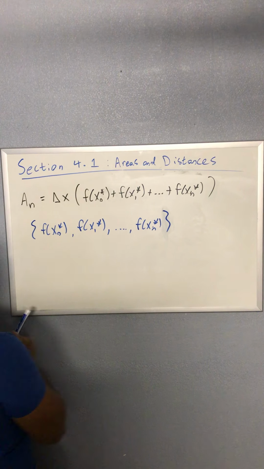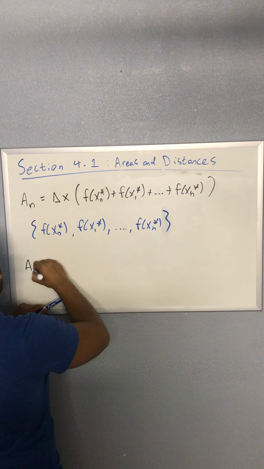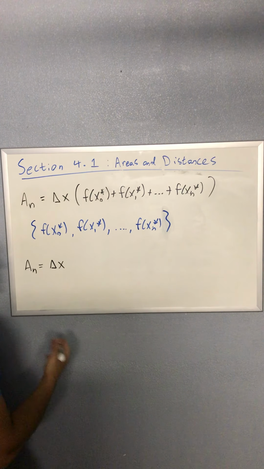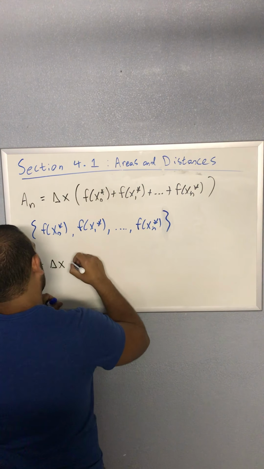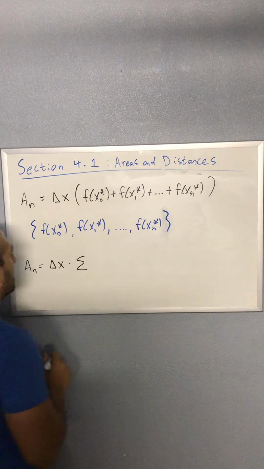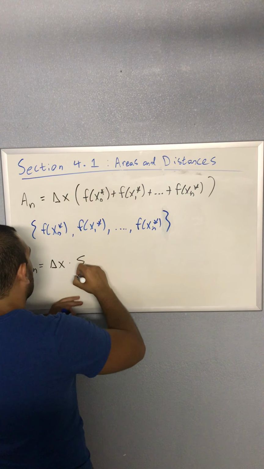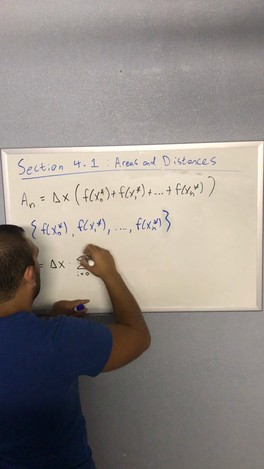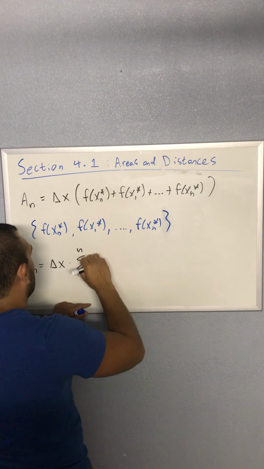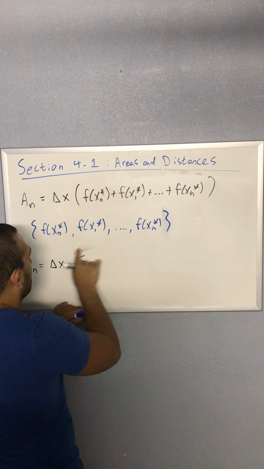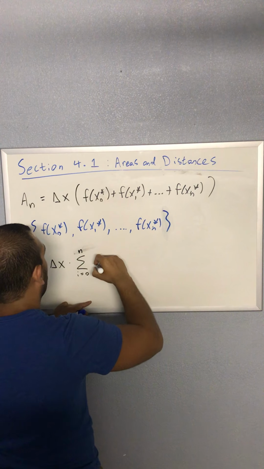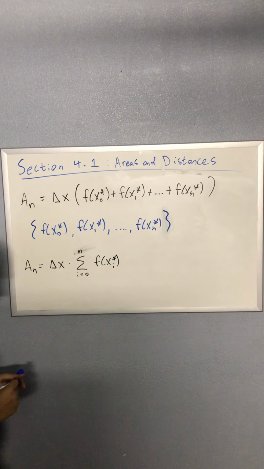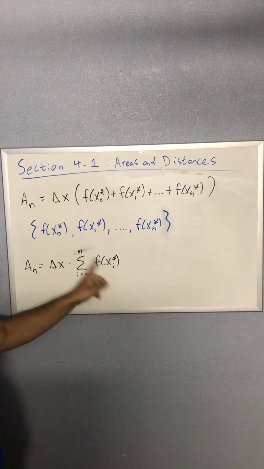So really we can rewrite A_n the same way using the sigma notation. We have delta x now multiplying the sum here. So where do we start? We start from 0, right? From 0 to n, n being the number of rectangles, of f of x_i star. When i is 0, we get this.